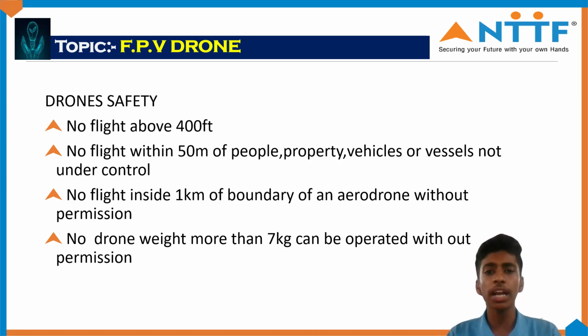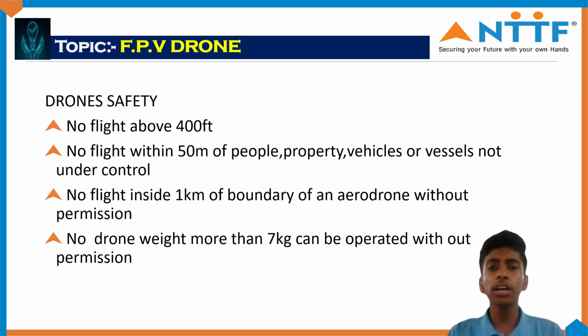The third one is no flight inside 1 kilometer of the boundary of an aerodrome without permission, which means that at places like airports, within the boundary of 1 kilometer, the drone cannot fly by itself. These kinds of features are also present in drones like DJI FPV drones, in which if we are standing near the 1 kilometer boundary of the airport, the drone will itself detect that area and it will not fly.